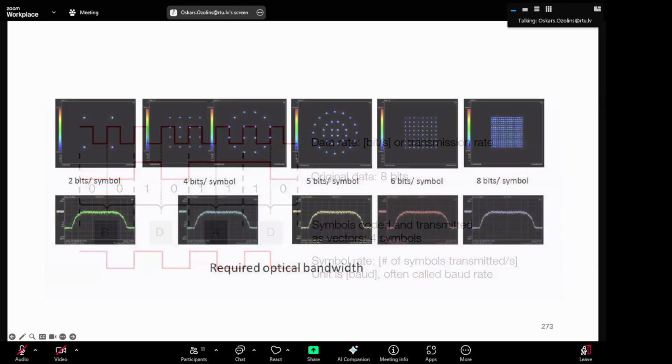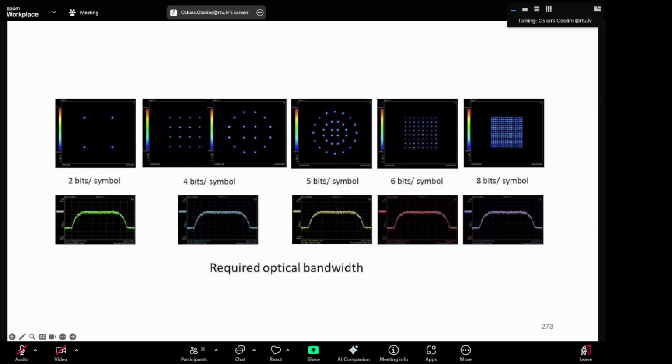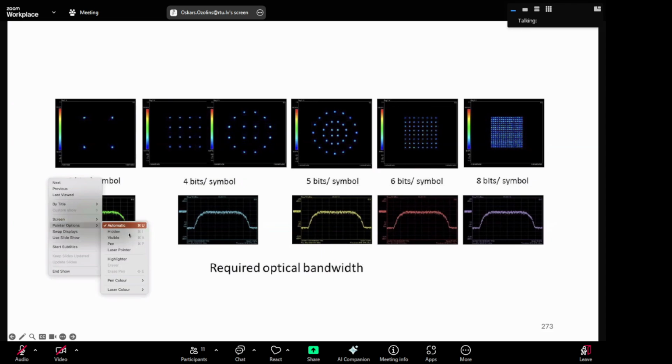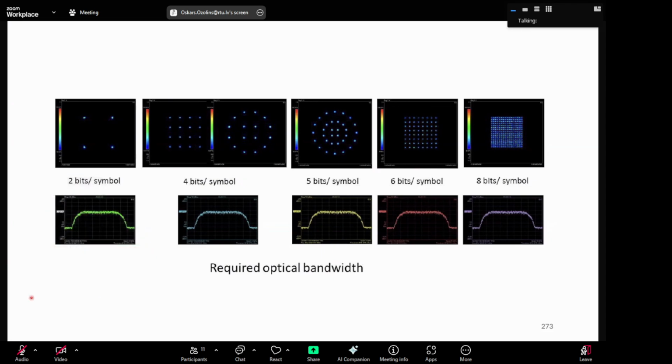Right. So this is a very nice example which represents this, that we have the same optical spectrum here. So here you have for 2 bits per symbol, 4 bits per symbol, 5 bits, 6 and 8 bits.